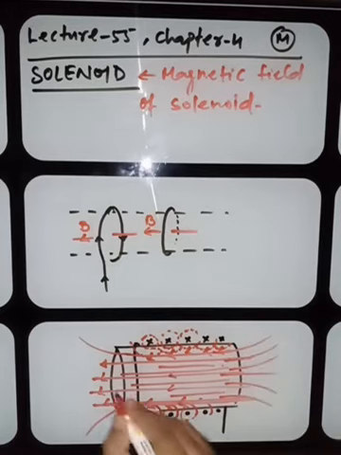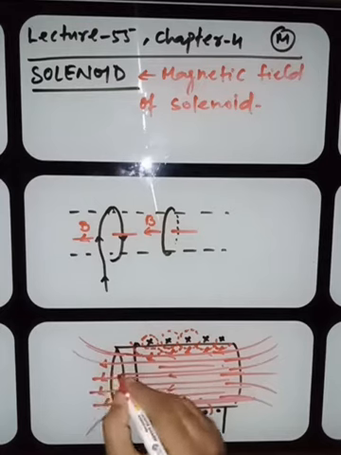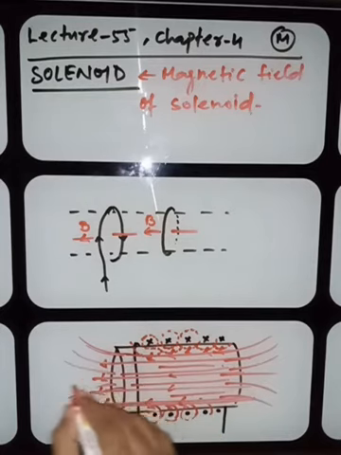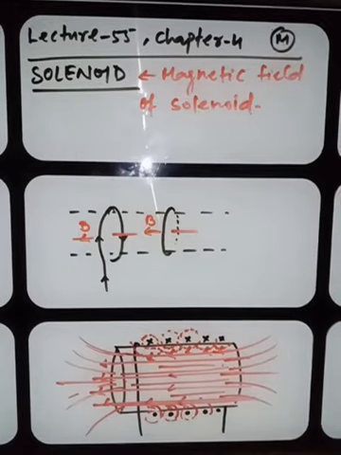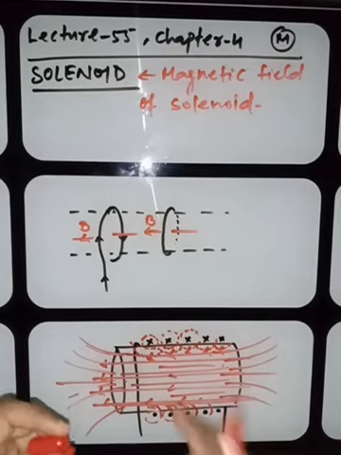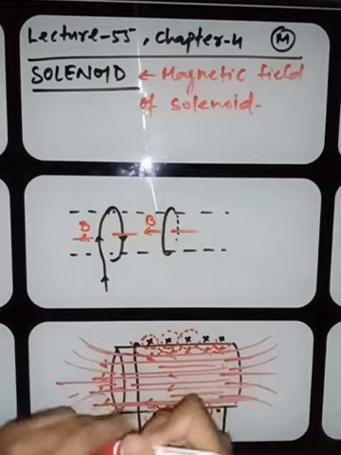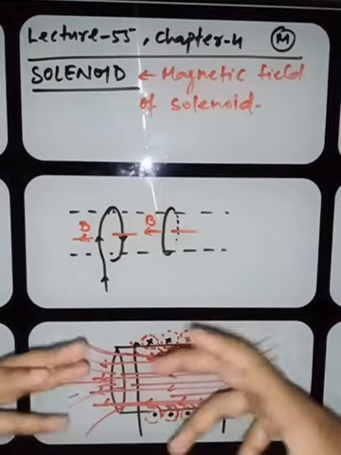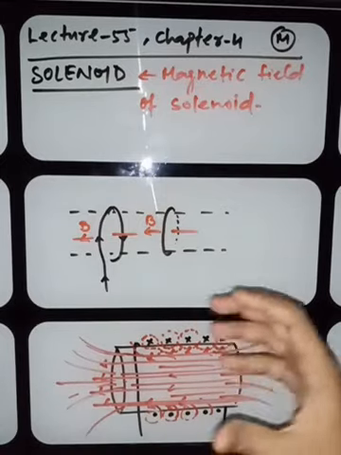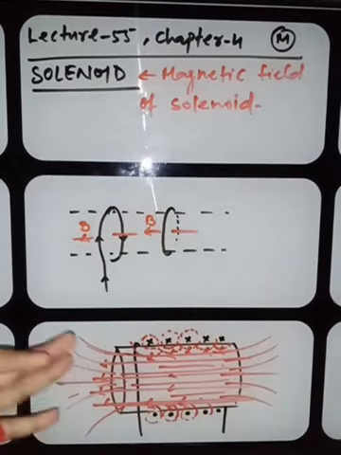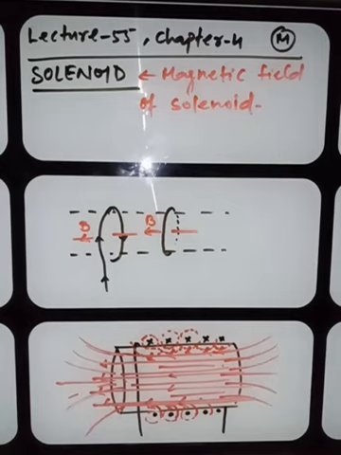But outside, because there is no source, they diverge, and inside this particular solenoid the magnetic field remains uniform. So this is basically the solenoid. Actually, I was thinking to explain what is the solenoid. So this was the concept of solenoid, my dear students.